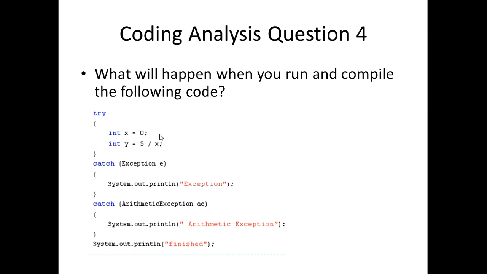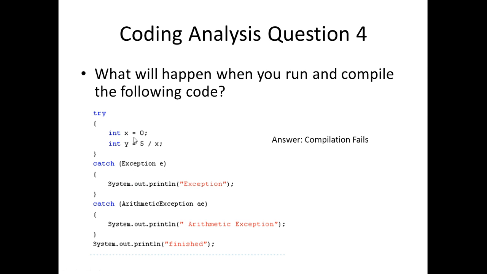Now, is there anything that you see here that will go wrong once you try to run this code? Well, one thing that is going to go wrong is that there's going to be a compilation error, okay? And the compilation error will happen here at this ArithmeticException AE. The reason is that we have a catch clause here, which pretty much catches all exceptions.